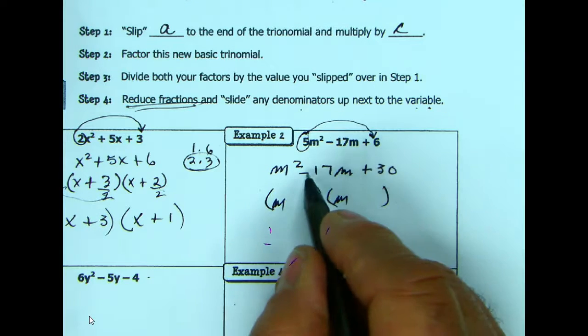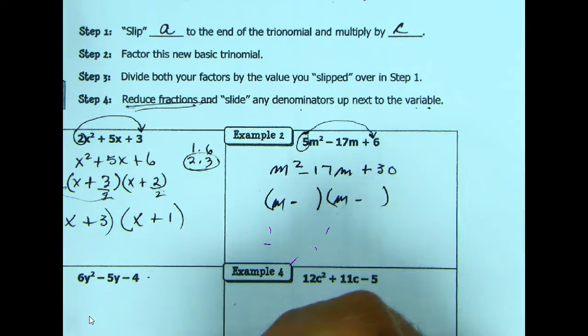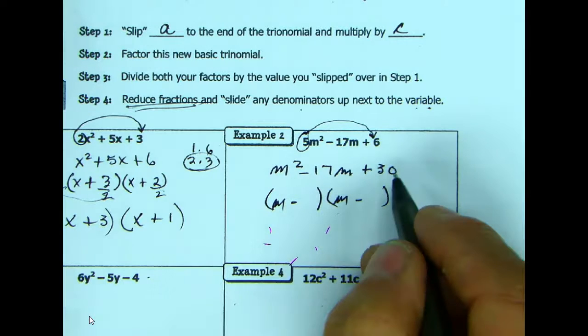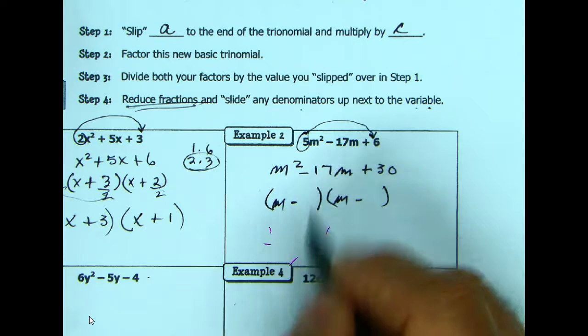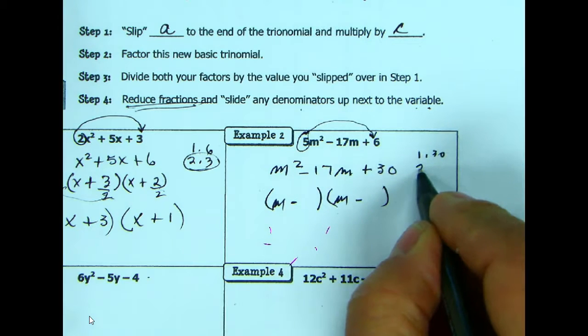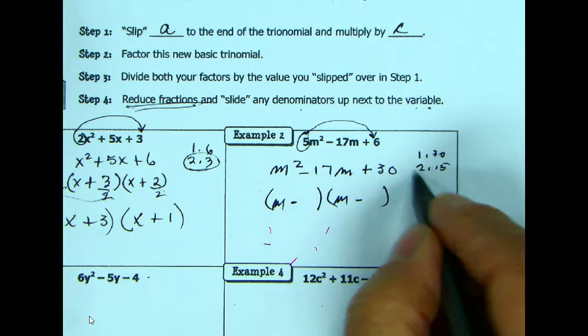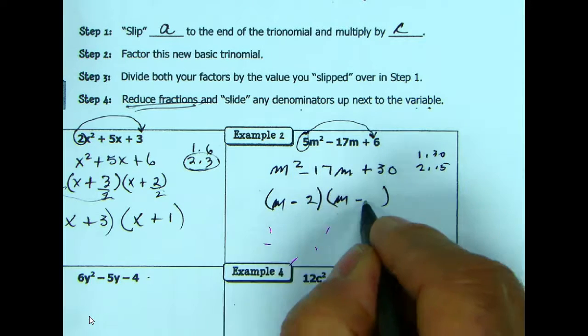Oh, they're both negative. Now I want two factors that multiply to 30 and add to negative 17. What do we have? We have 1 and 30. We have 2 and 15. Well, these add to 17. Okay, so we've got 2 and 15.